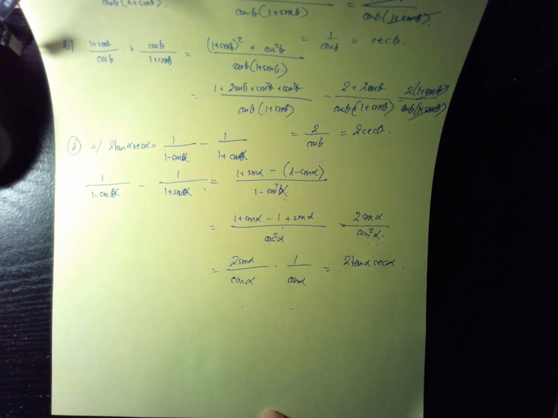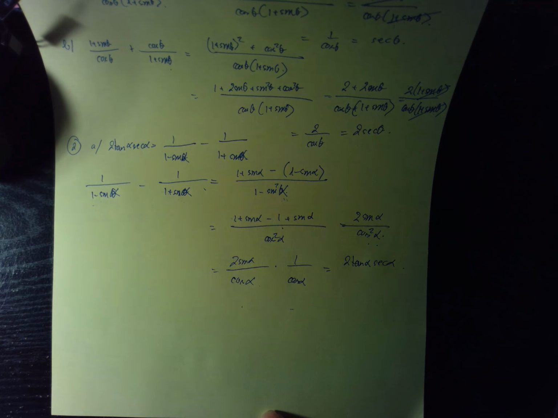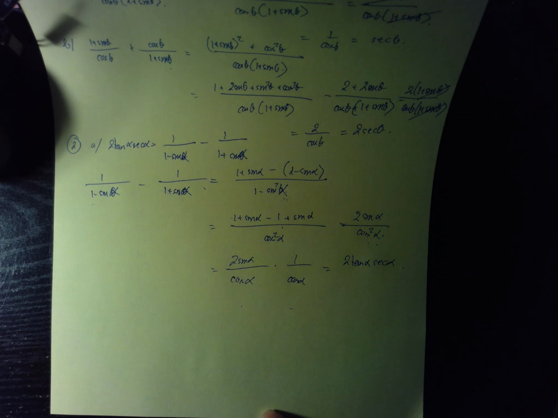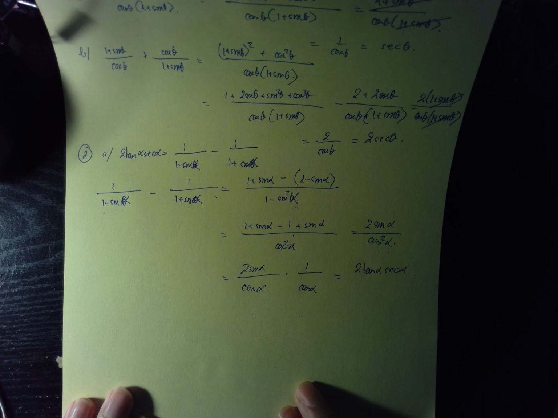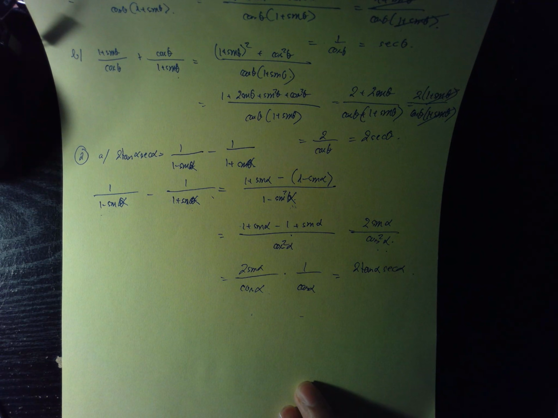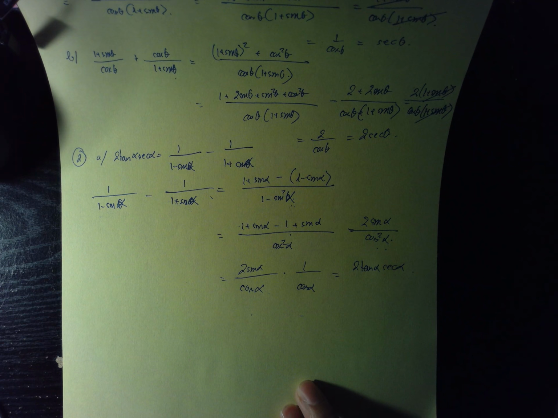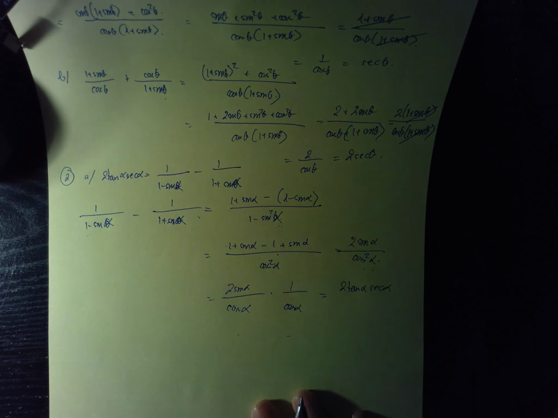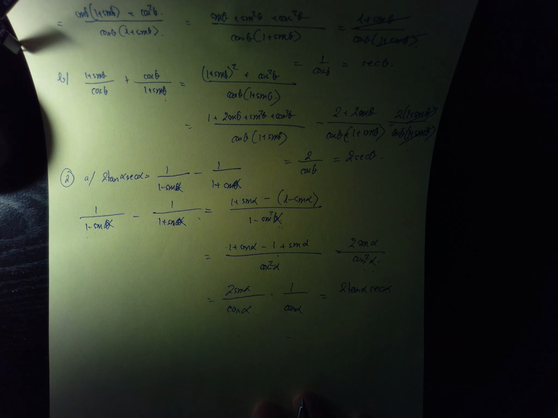Okay, very easy. It's still 2 prime, right? Let me change this. There you go. This is too dark. Okay. I have an LED table lamp right here, so it's very bright. Okay, let me close this a little bit.